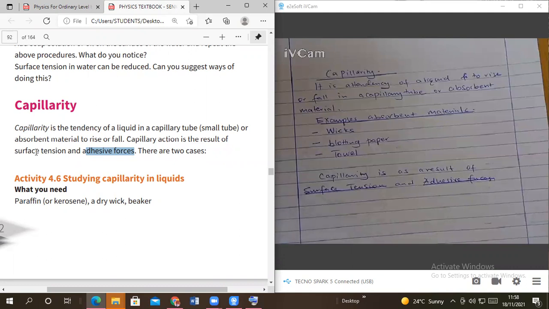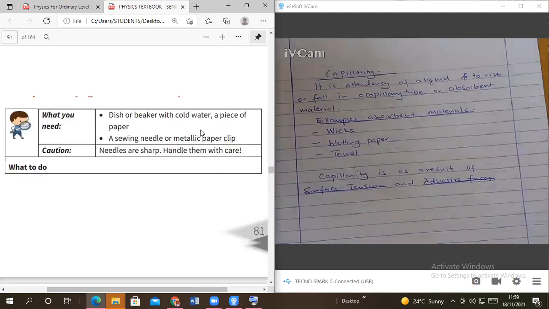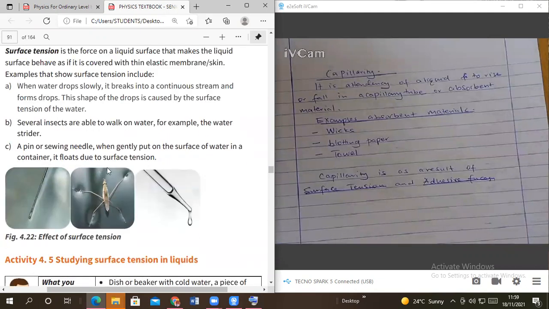So there is a membrane on water, and that's why even insects can walk on water. That membrane is caused by surface tension.